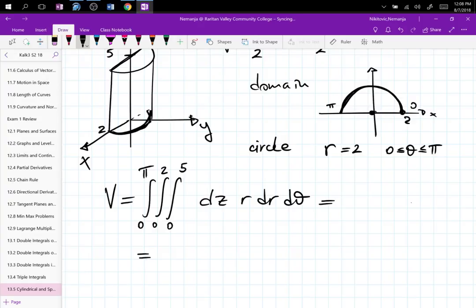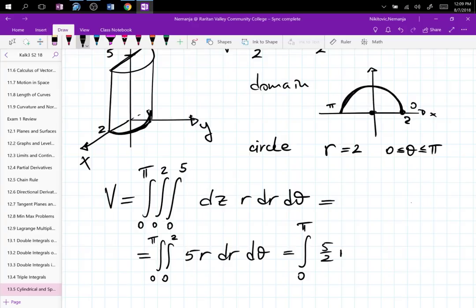Now, skeptics will say, well, 10 pi, that's a government conspiracy, so let's actually show that's not true. When you integrate out z and you put limits, you will get z from 0 to 5, so it's 5. Now you integrate out 5r, you get 5 halves r squared from 0 to 2.